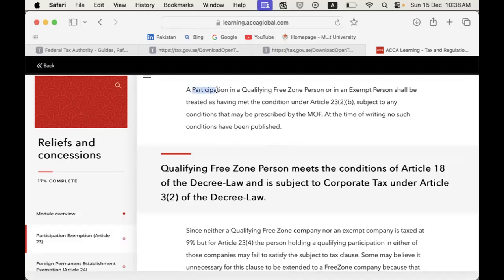But let me ask you this, if anyone can answer that. What is this scenario actually? Can somebody give a scenario on this? How can a participation invest in a qualifying free zone person? Can somebody tell me about it?